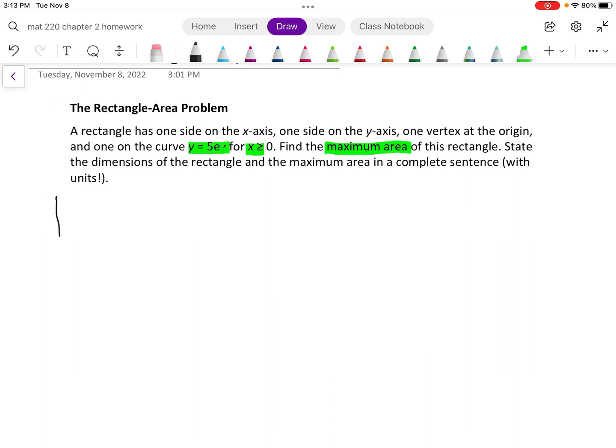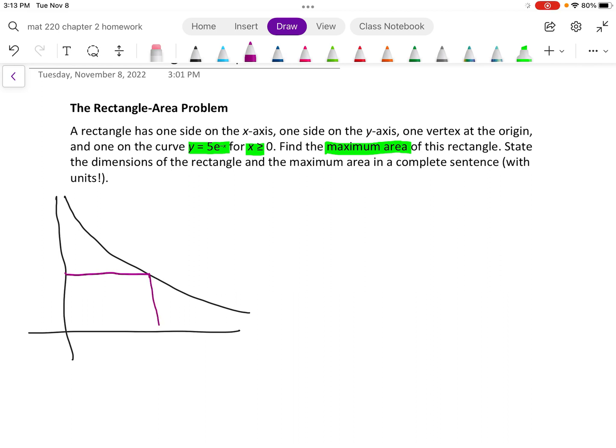So here's my coordinate plane, here's my curve, and I have a rectangle formed on the curve. That point right there, we'll call xy. And we know our curve is y equals 5e to the negative x. When we deal with coordinate points, an x value is our horizontal distance.